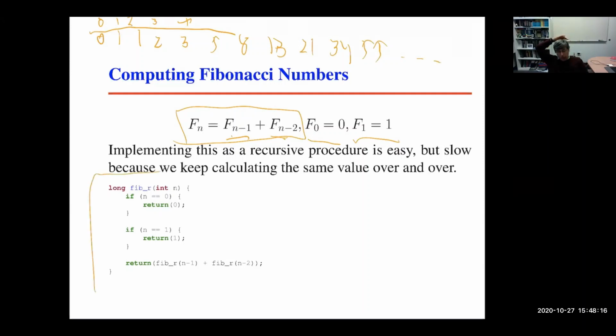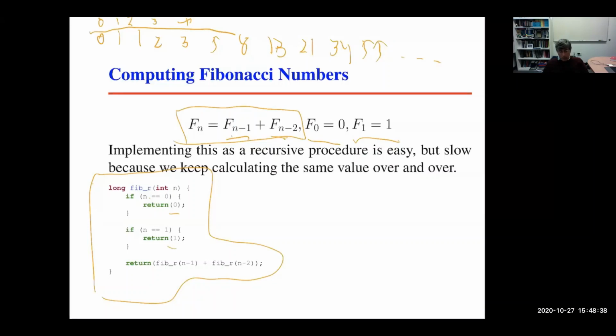How many of you have programmed the Fibonacci numbers before recursively? This is usually the first recursive program anybody writes. If n is equal to 0, return 0. If n is equal to 1, return 1.